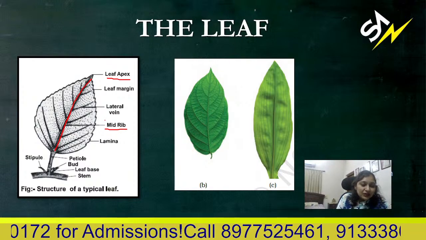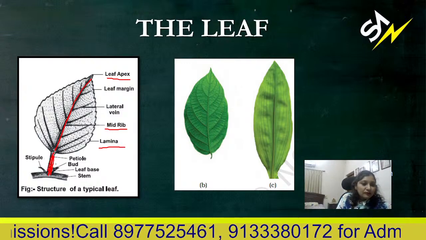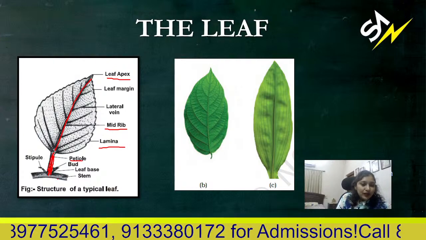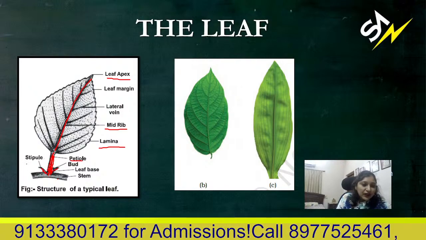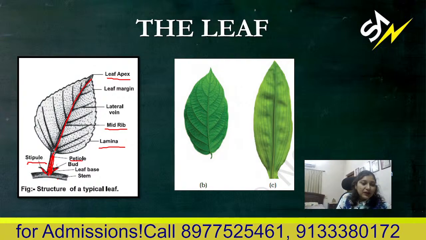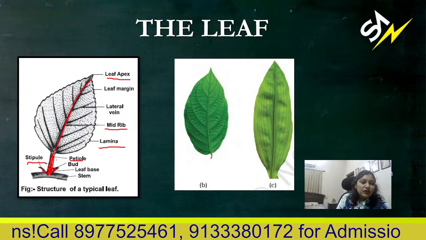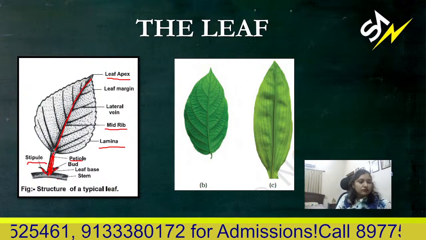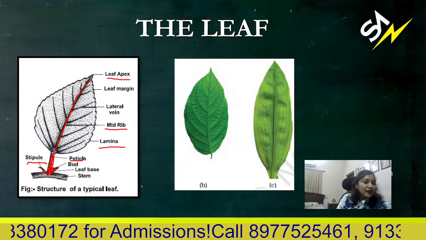The flattened part is called the leaf lamina. Then this is called the petiole, leaf base, and this is the stem. At the base region, there are small leaf-like structures called stipules. Here sometimes a bud is present, which may convert into a floral bud or may be responsible for lateral branching also. This is the structure of the leaf, guys.